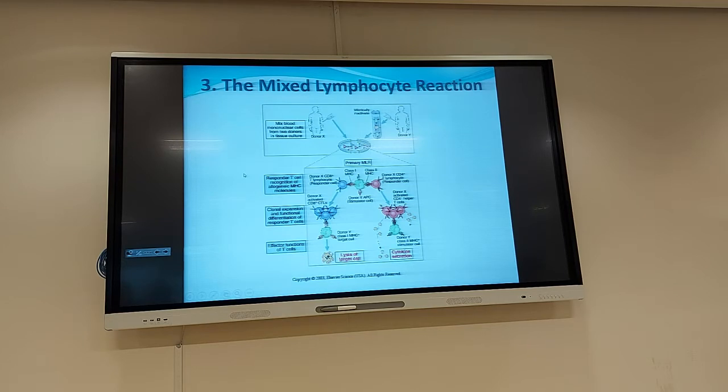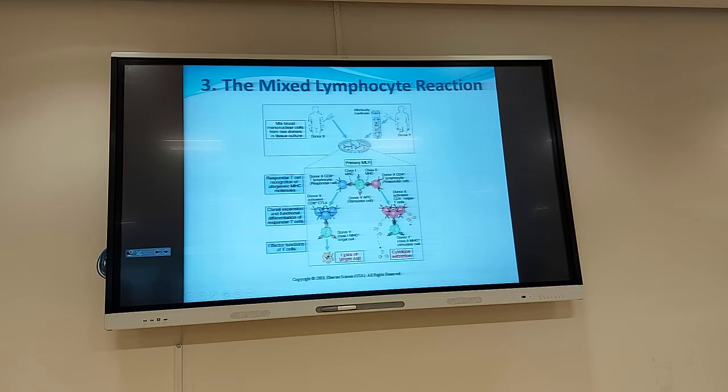So based on that, the only way of trying to match the donor and the recipient was to do this type of experiment known as the mixed lymphocyte reaction, where you culture immune leukocytes from both the donor and the recipient. But before you do that, you make the recipient cells targets.